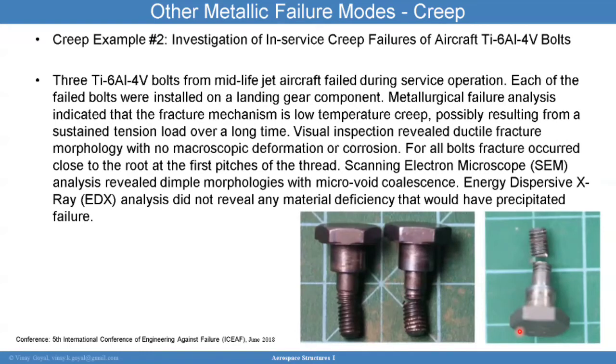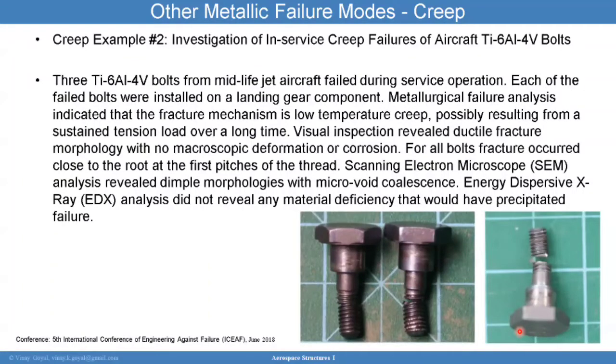Creep example number 2 is an investigation of an aircraft where titanium bolts failed. The 3 titanium bolts failed mid-life during service operation. Each of the failed bolts was installed on the landing gear component.